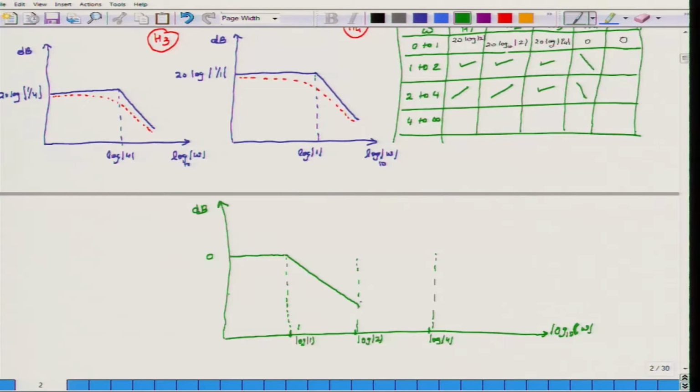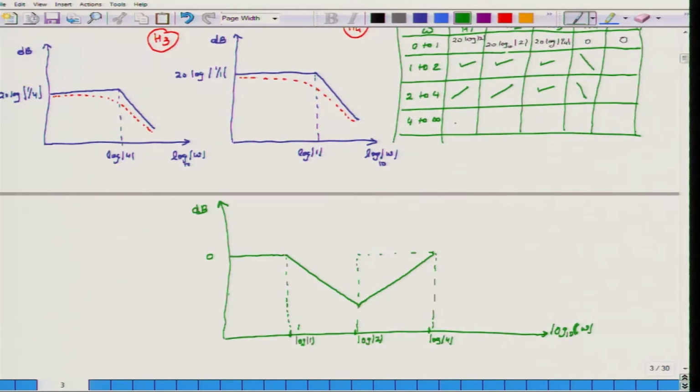So, I am getting positive 20 decibels per decade from H1, positive 20 decibels from H2, and negative 20 decibels per decade from H4. So, the overall slope becomes like this. Okay.